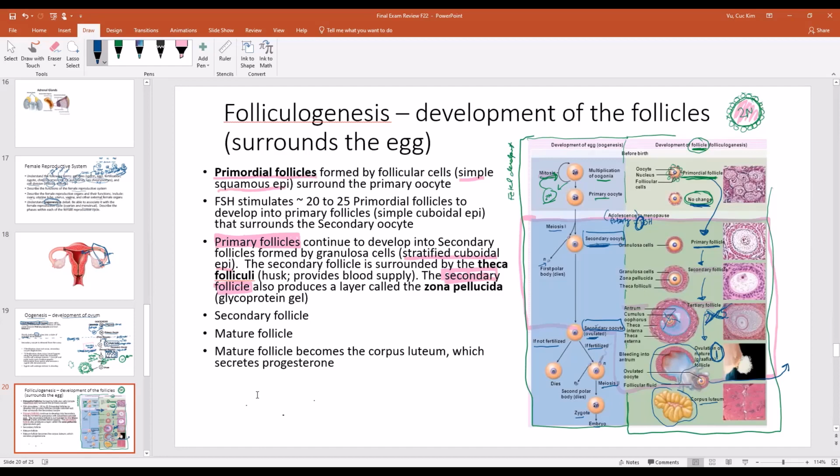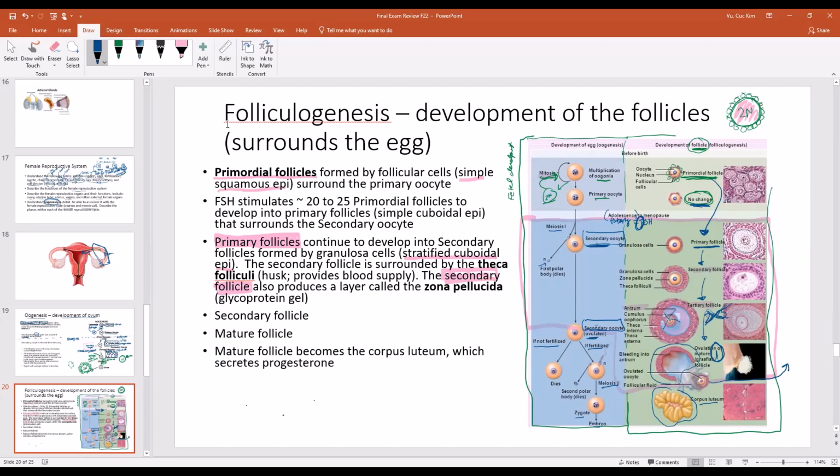The primary oocyte develops before puberty. Yep. And then the FSH comes up, and the primordial follicles become primary follicles after puberty. Right after puberty, yes. Okay, got that.